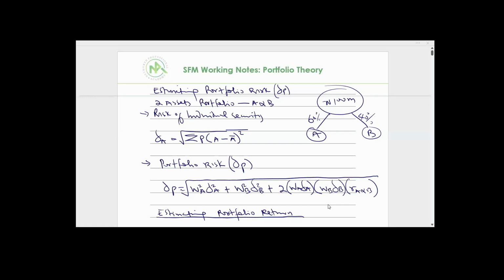Let me know if you can see the screen for the working notes. Can you see my screen? Yes, sir. All right then, thank you.